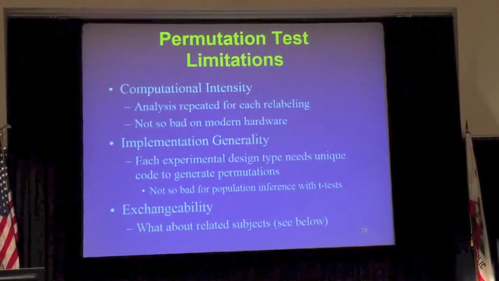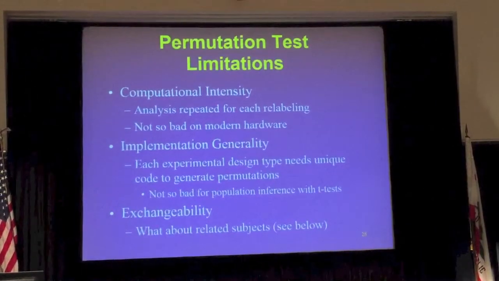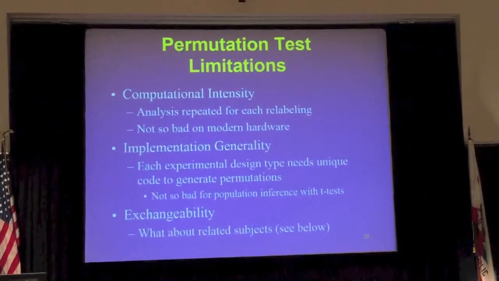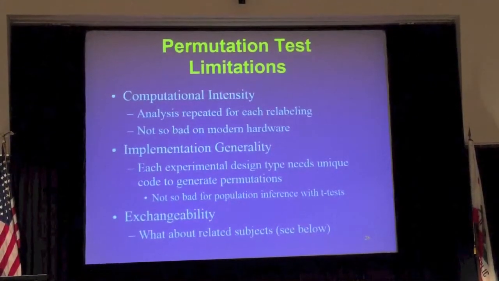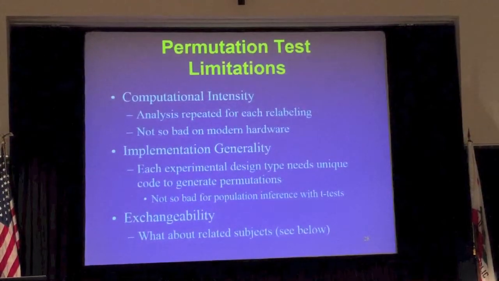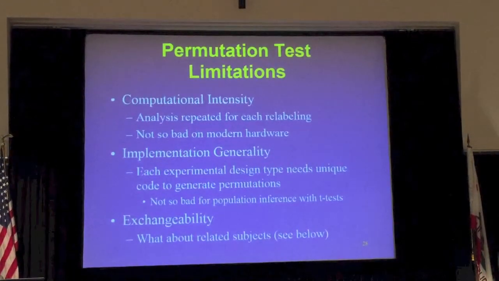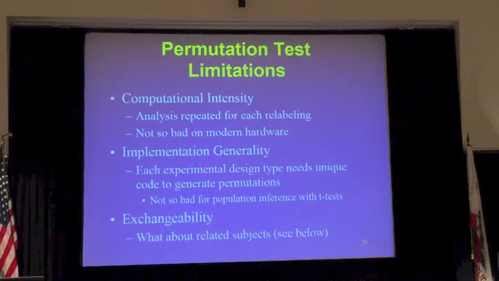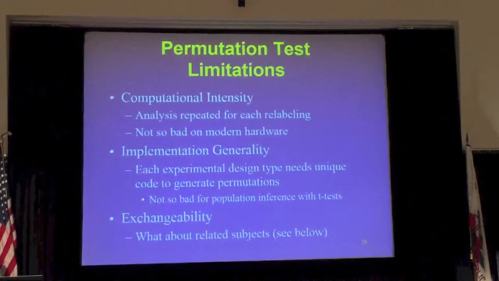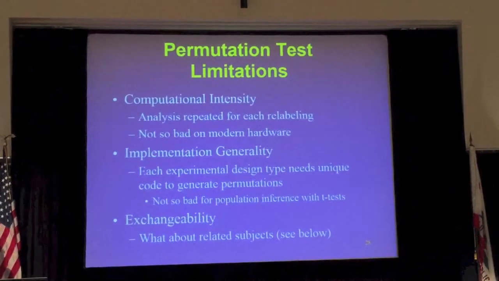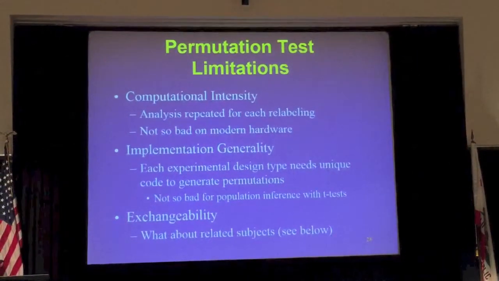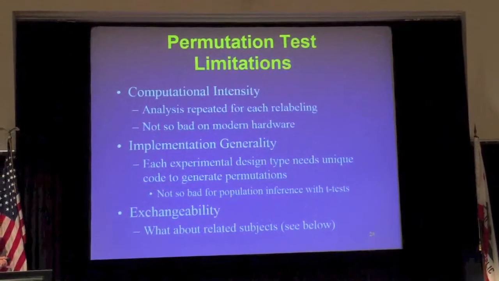There is also implementation generality: each experimental design needs unique code to generate the permutations, but again, that's not so bad for imaging studies. And then there is the requirement for exchangeability, which turns out to be quite important in studies of heritability because subjects are related.